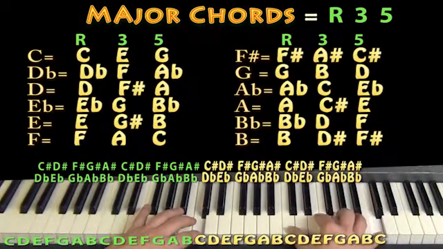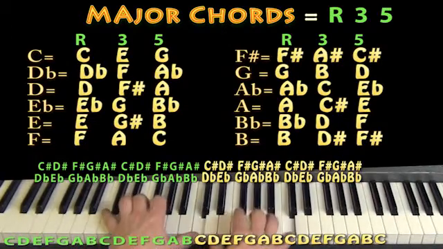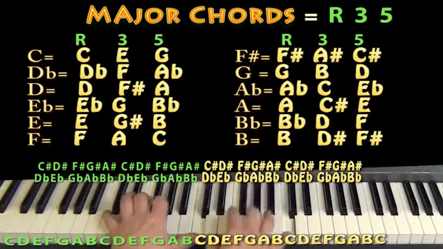So I'm making that a right hand thing, but you could completely try this with the other hand too, and make it a two-hand exercise, which would be an interesting thing to try too.